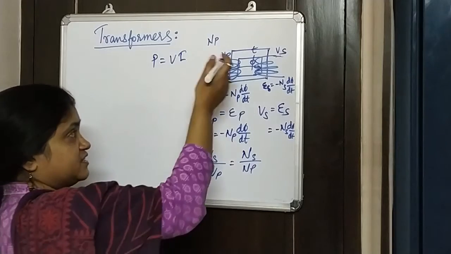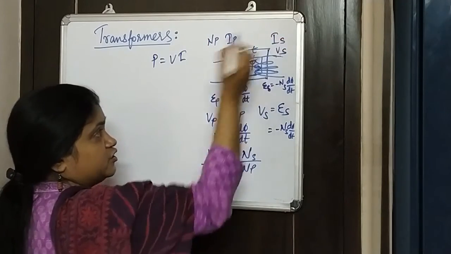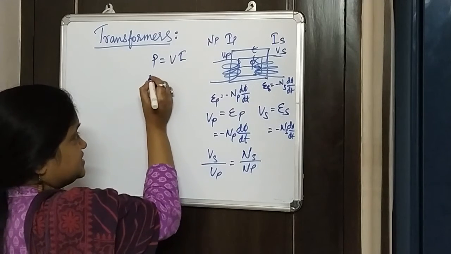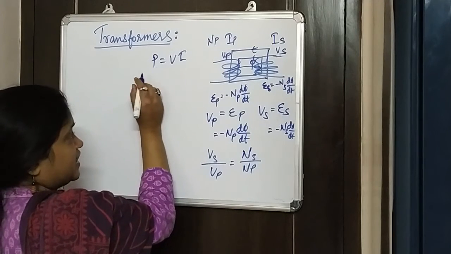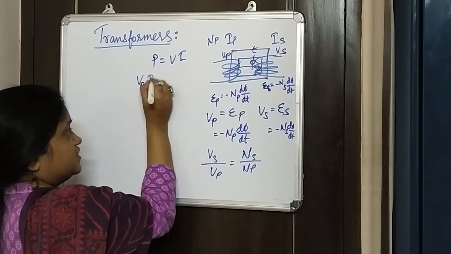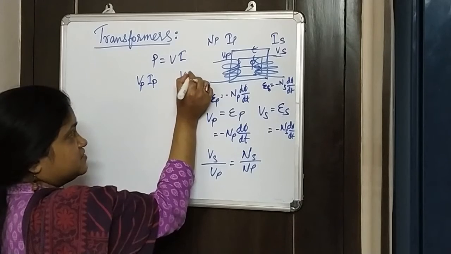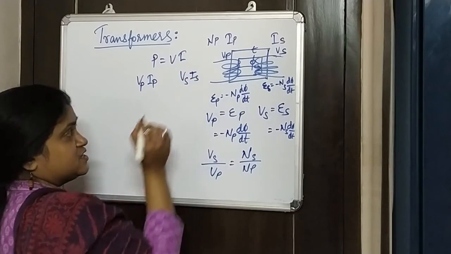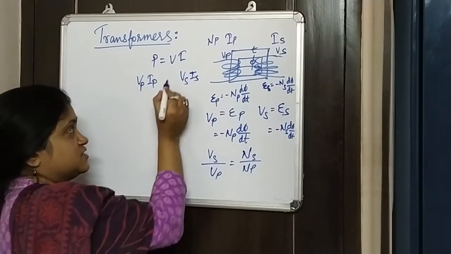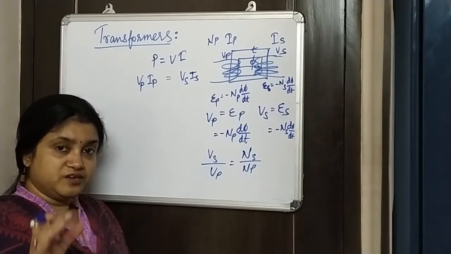If I take the current in the primary coil to be IP and in the secondary coil to be IS, then the primary coil has power Vp into Ip, and the secondary coil has power Vs into Is. If there is no power loss, then the primary and secondary power would remain the same.